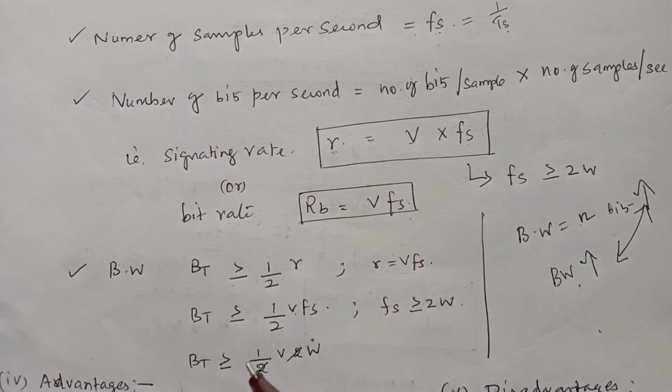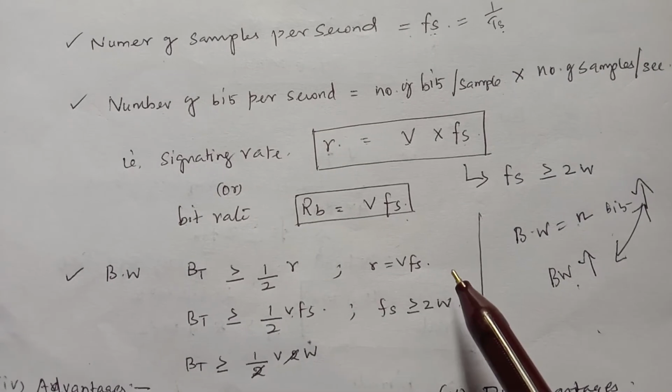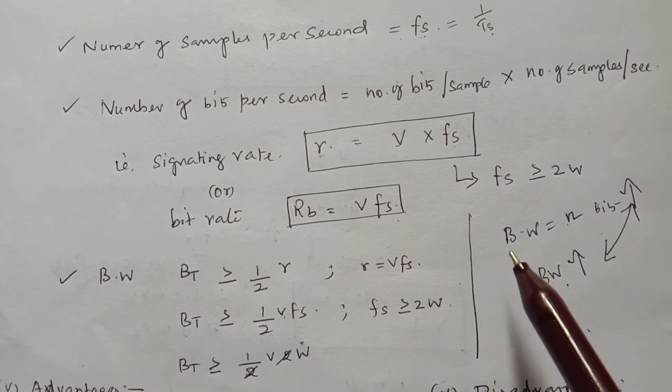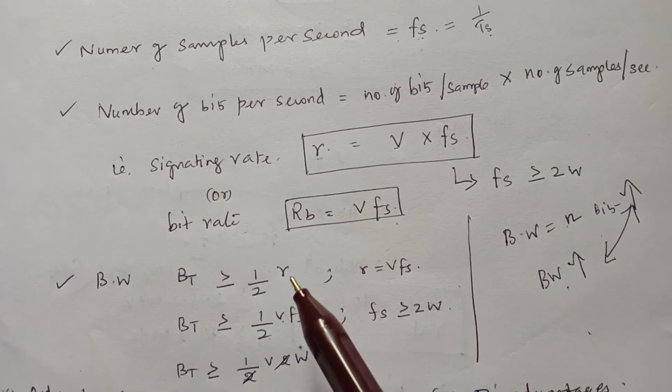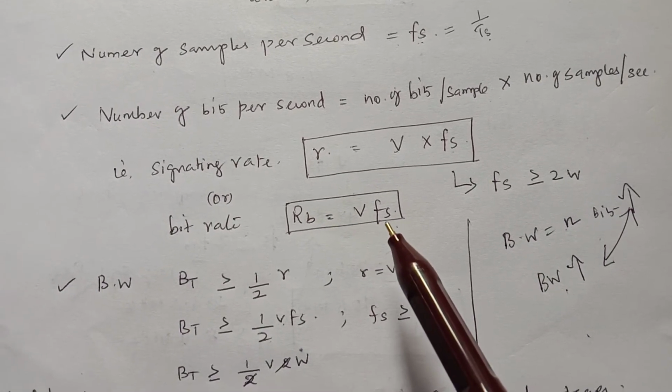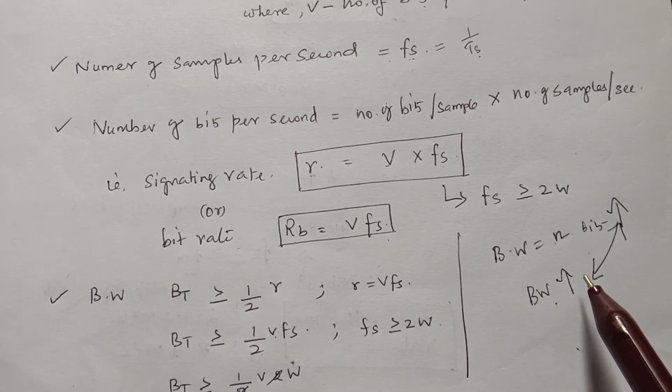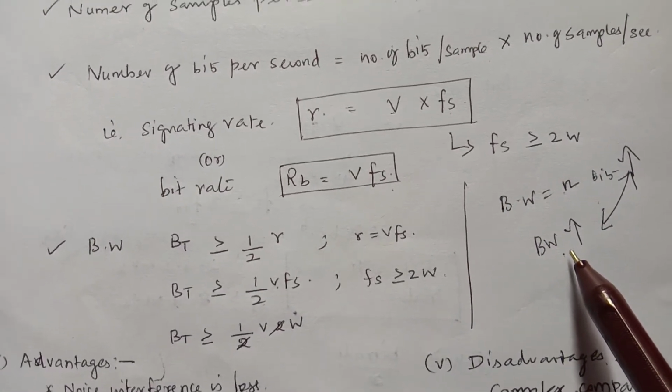From this bandwidth, we can easily conclude that whenever we increase the number of bits, the bandwidth depends upon the bits and sampling frequency. So when the number of bits increases, the bandwidth also increases. So this is the conclusion.